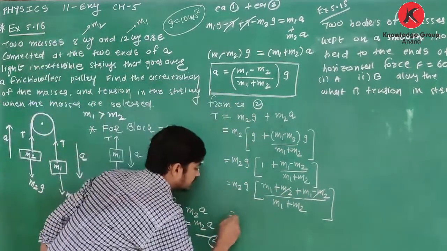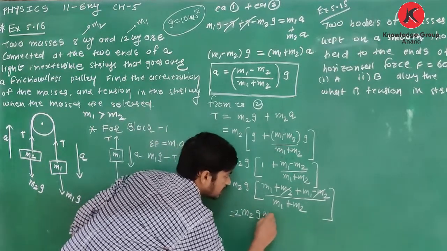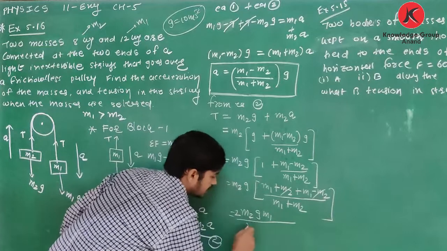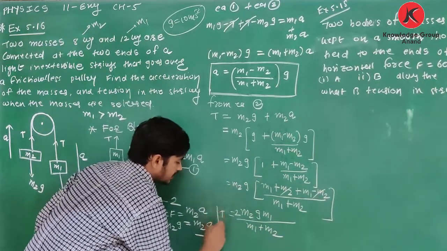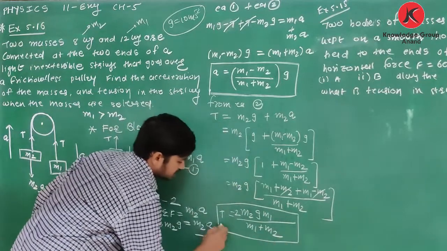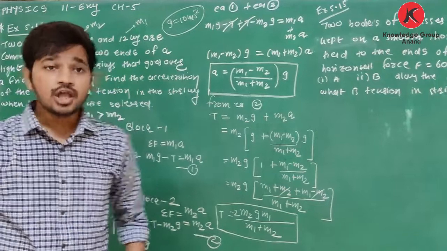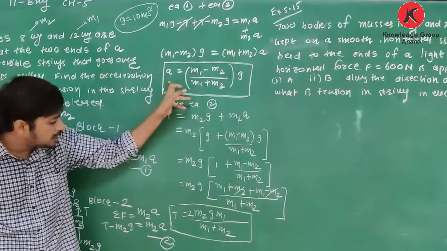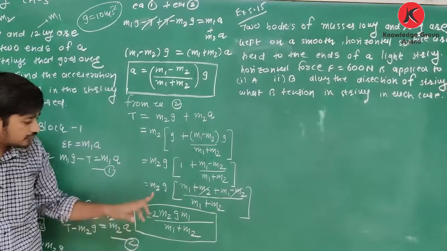So the numerator is M2G into 2M1, divided by M1 plus M2. It is the equation of tension. Clear about this?